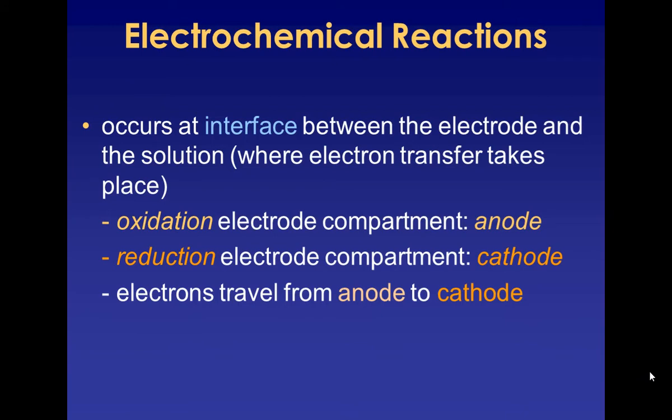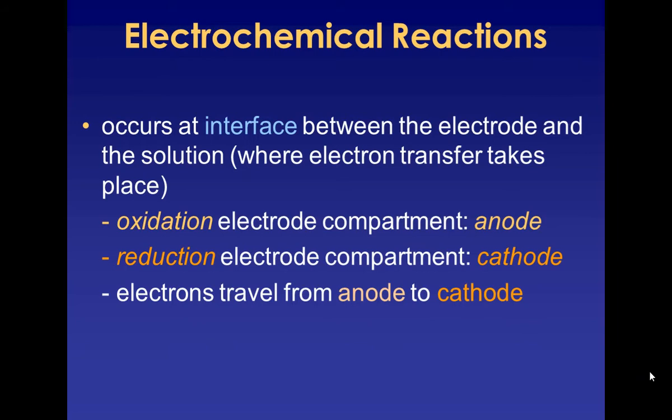So the electrochemical reactions are going to occur where the electrodes are actually interacting with the solution. I'm going to show you some pictures to help you visualize this a little bit more. That's where we actually have the electrons being lost or gained. I talked about anode and cathode previously. Your anode is the site of oxidation, and your cathode is the site of reduction.